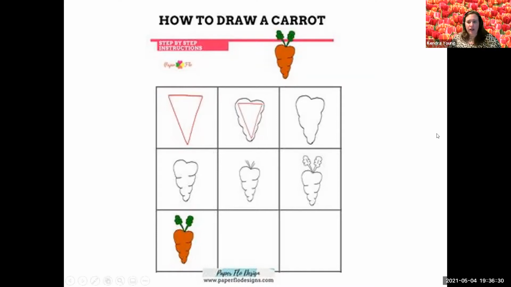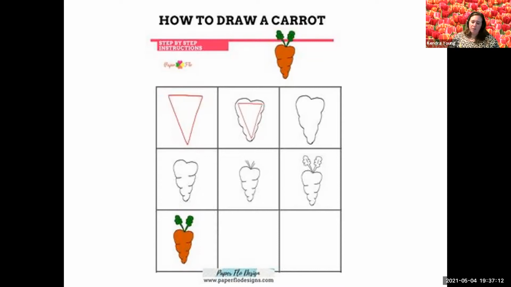The first one is a carrot. What I'd like everybody to do, and the reason we draw with a pencil, is because we sometimes erase some of our lines that we had previously drawn. So draw a triangle going down, and then around the triangle, give it some bumps. That gives it the shape. Then you can go back and erase your triangle.